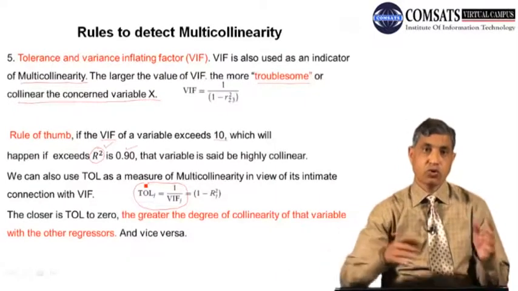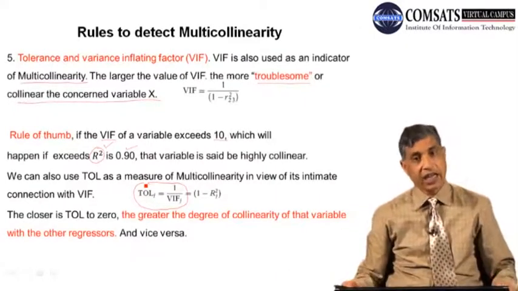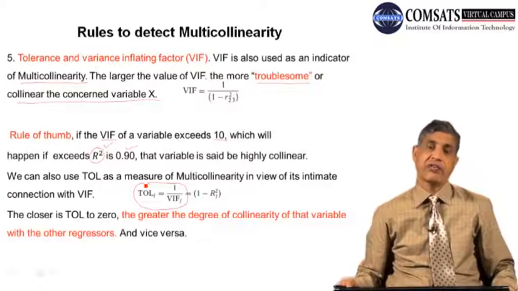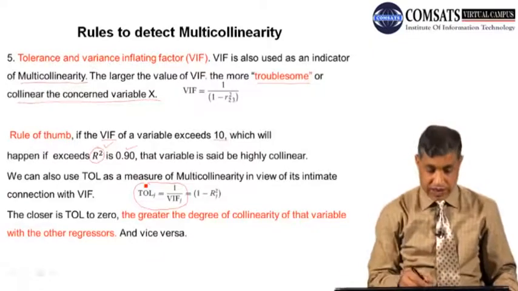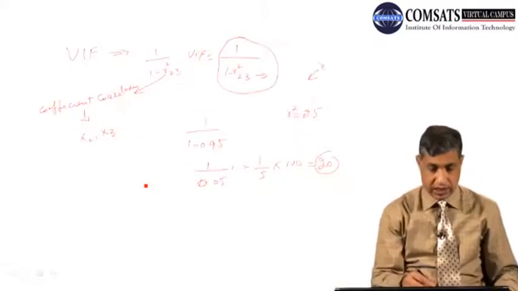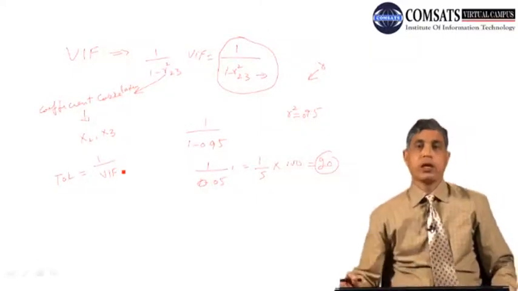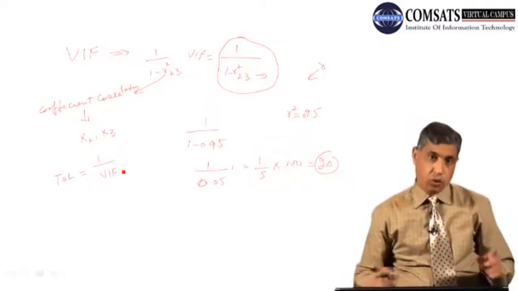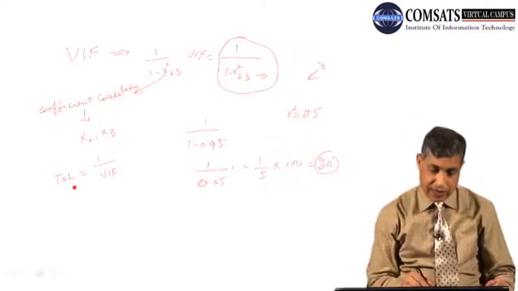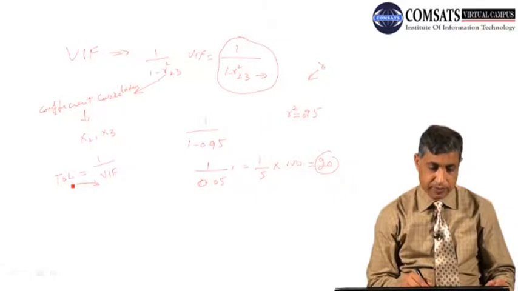This is the similar story between tolerance factor and the variance inflating factor. So what is the formula? The tolerance is equal to 1 over VIF, the variance inflating factor.